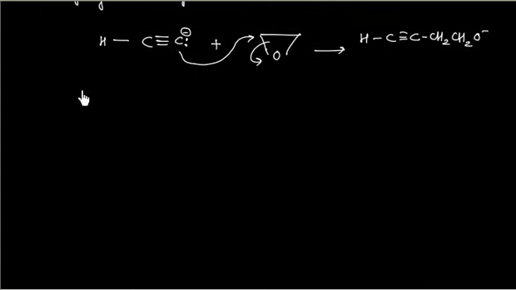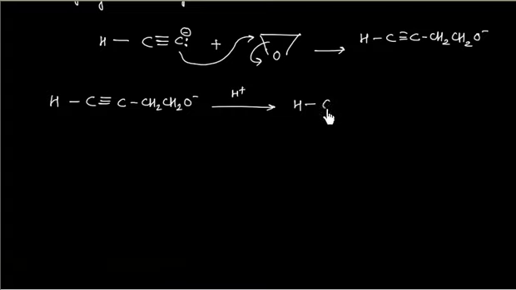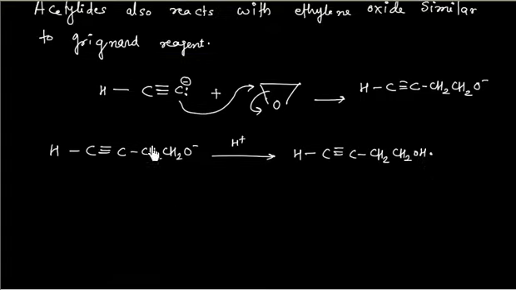Now if I do protonation of this compound, we will have HC≡C-CH2CH2OH. This is a 1 degree alcohol. This time we are not using a Grignard reagent, we are using acetylide ion.